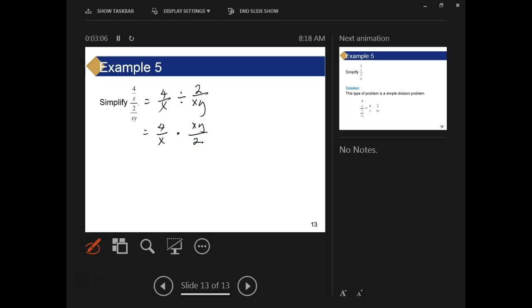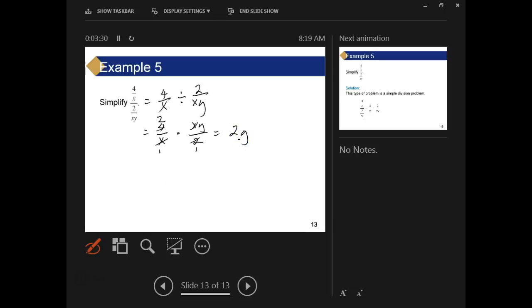Now what do you do? Yeah, divide out common factors. I assume that's probably what you meant by factoring. I took out the x's. What else do we have? 2 will go into 2 once, and 2 will go into 4 twice. And what is your answer? 2y. Okay?